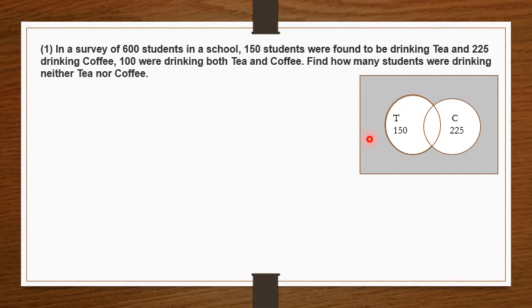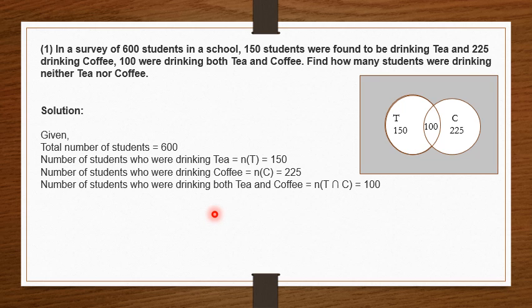So here we need to find the students who were drinking neither tea nor coffee. So this whole white portion, or this full circle, gives the students who drink either tea or coffee. So the shaded portion we need to find, that is, the students who were drinking neither tea nor coffee.